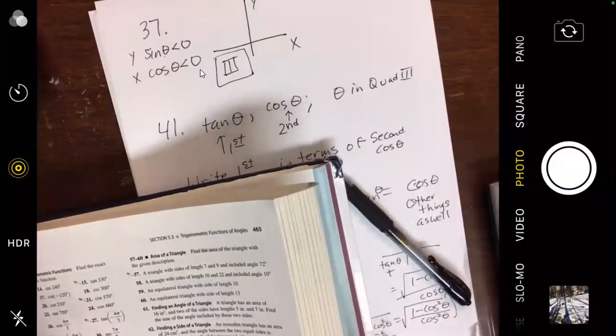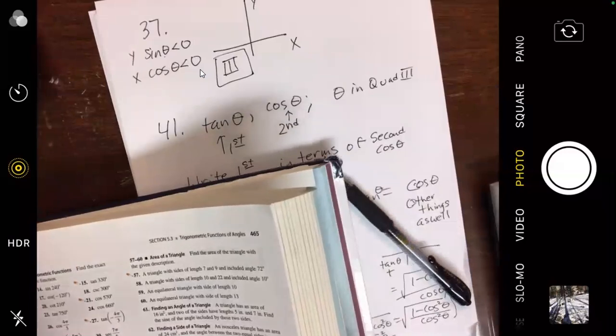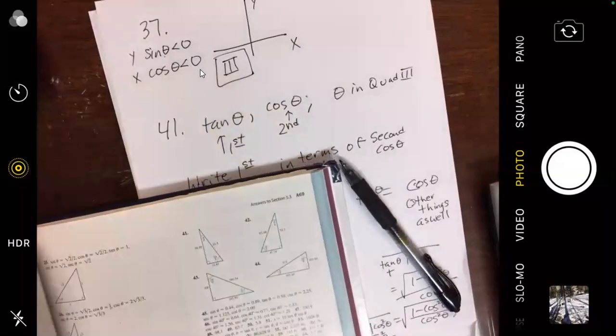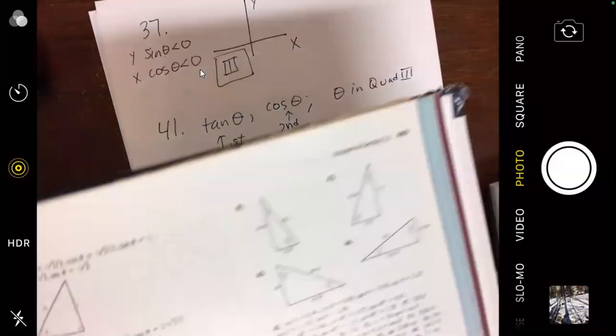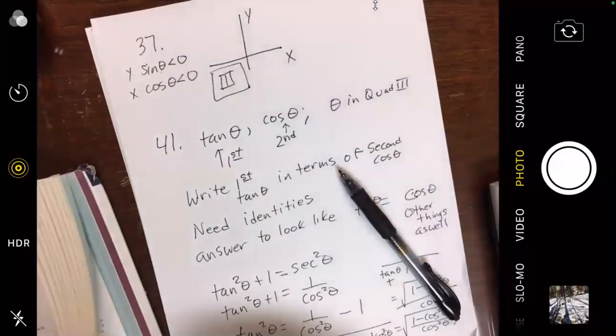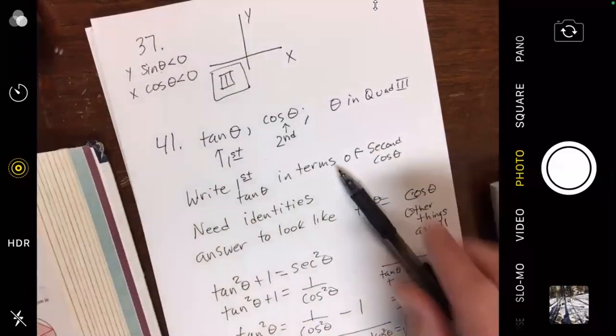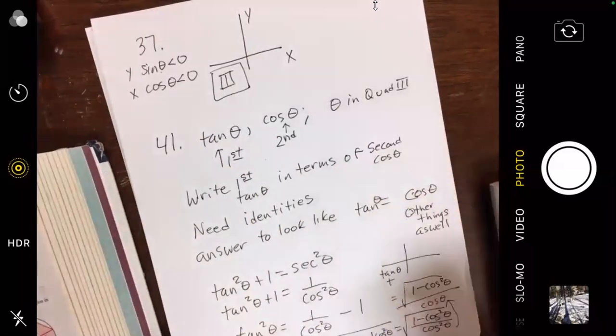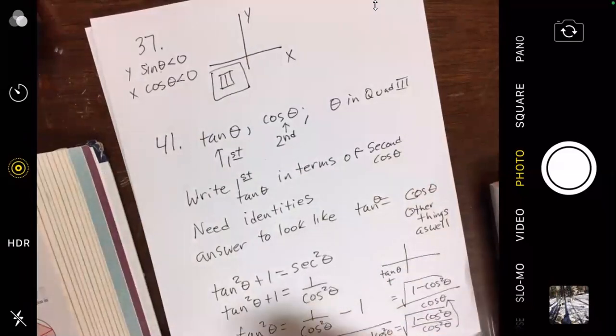Yeah, just positive in quadrant 3. Oh boy, looks like a mistake to me. I'm getting the square root of 1 minus cosine squared theta over the cosine. Should be positive. Quadrant 3. And it's negative in quadrants 2 and 4, not 3. I see mistake.